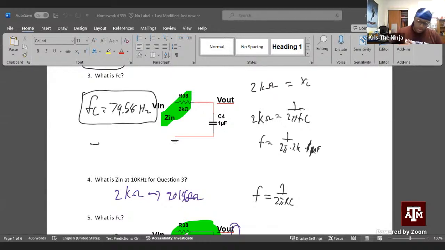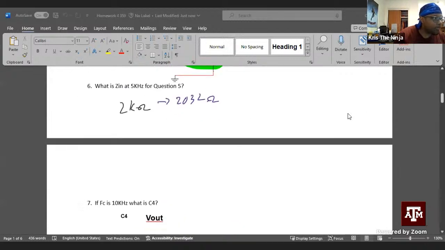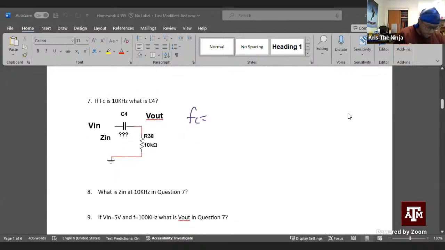So if FC equals 1/2 pi, oh goodness gracious, I'm chicken scratching this. Let me scroll up for y'all. FC equals 1/2 pi RC. Well, then you just reverse it to find the capacitance. So to find the capacitance, we need 1/2 pi R times F cutoff, which is 10 kilohertz.